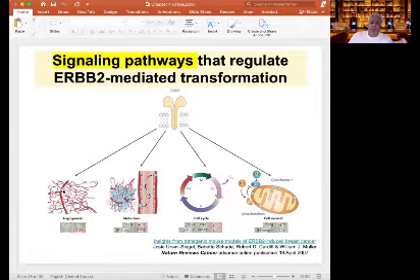Okay, so one result of this is that there's increased angiogenesis within that region. So angiogenesis is the formation of blood vessels, right? So blood vessels are very important to supply the expanding number of cancer cells with fuel, oxygen, and metabolites.